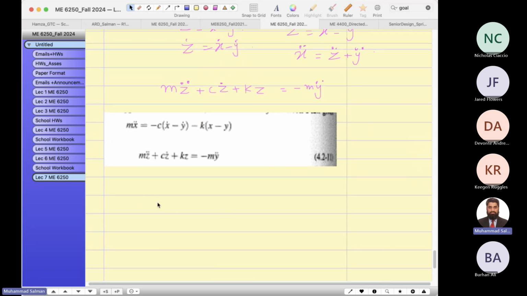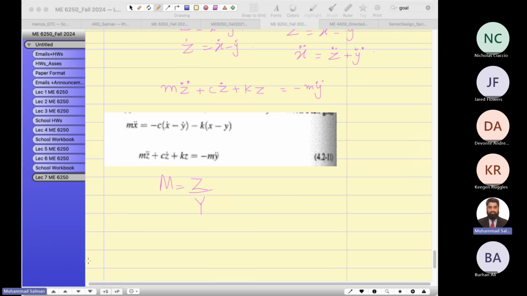Now, what is the magnitude ratio? The magnitude ratio is the output over input, output displacement over input displacement. If you do the math here, output is z and input is y.